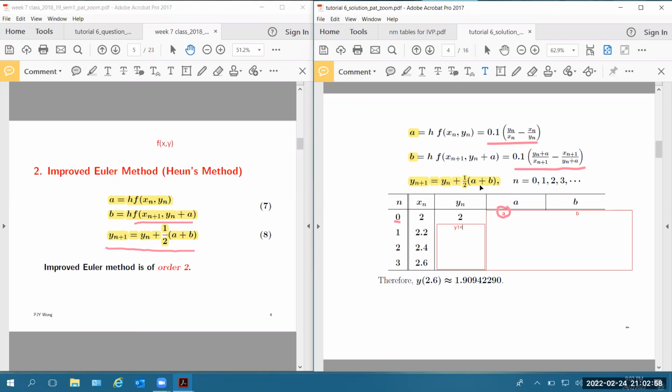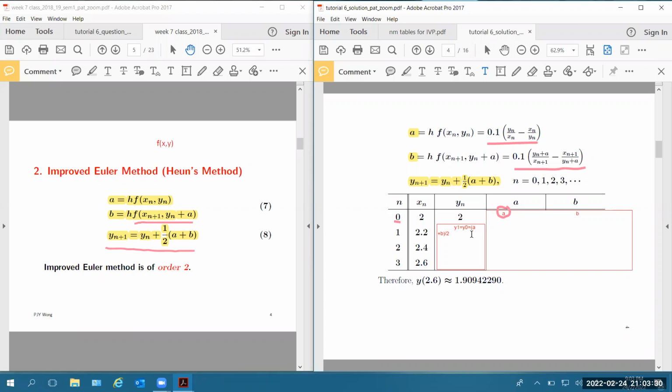You follow this formula here. y_1 is y_0; you can see the subscript decreased by 1. So this is 1, that means this is 0, and then plus half of A plus B, that is (A plus B) over 2. So this is your y_1.